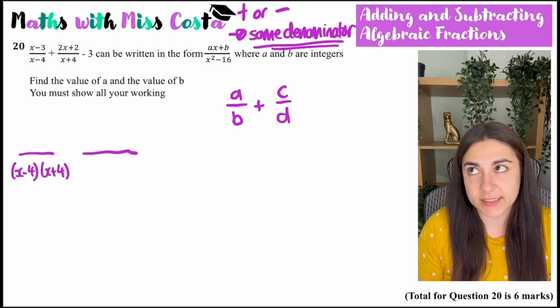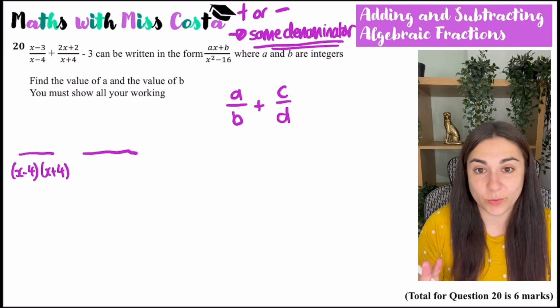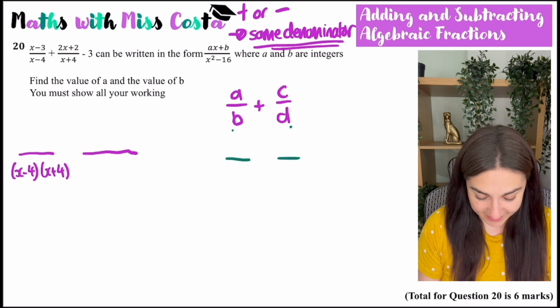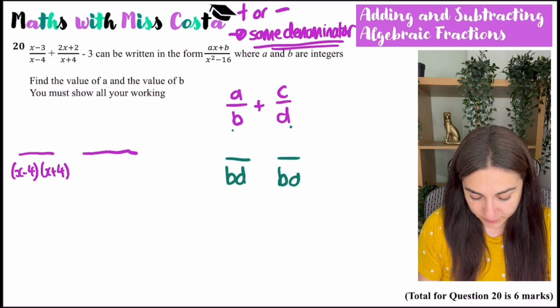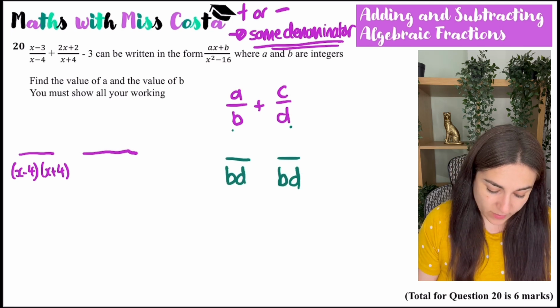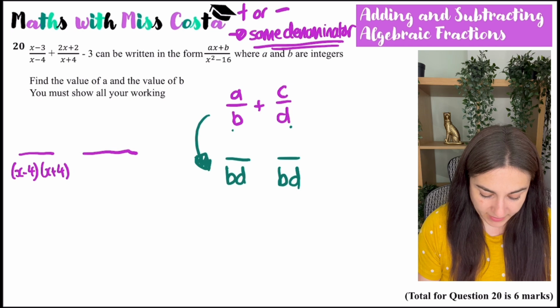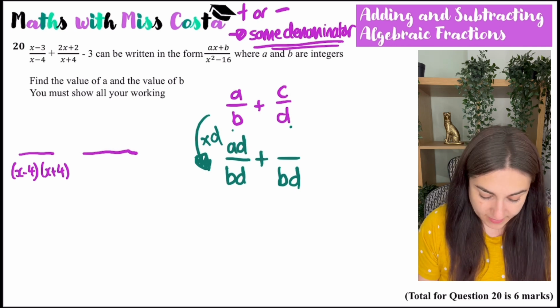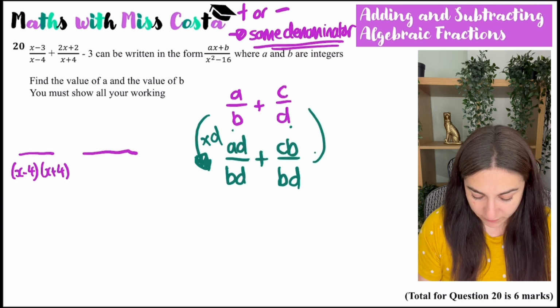Your common denominator would be bd. And then what have you multiplied this fraction by to get to bd? You've multiplied by d, so that would become ad plus cb, because you've multiplied this by b.